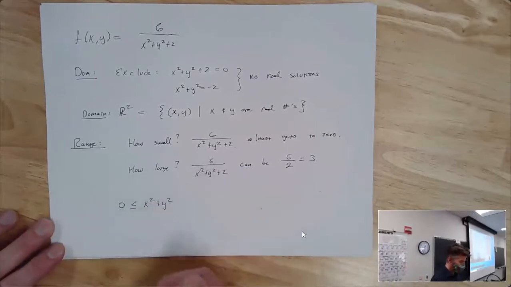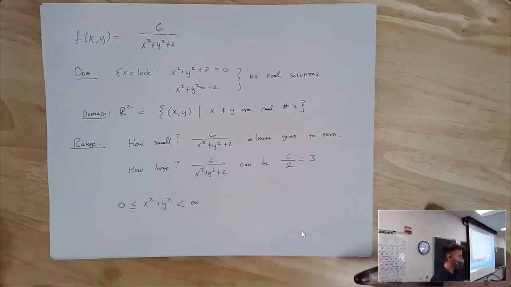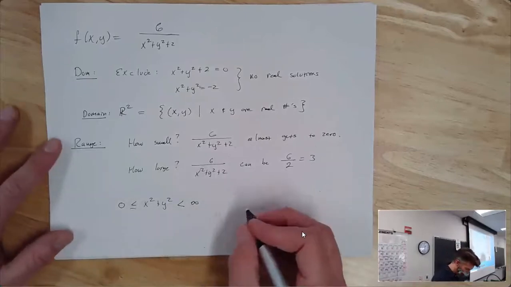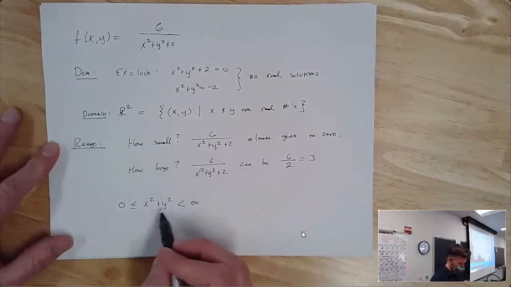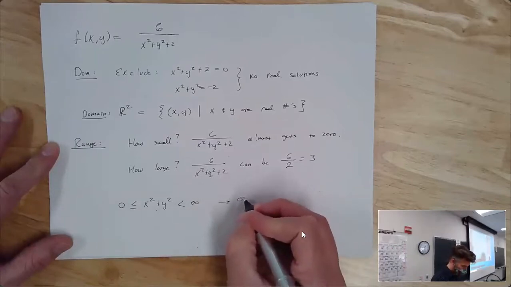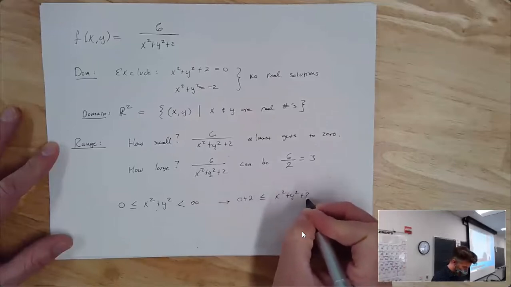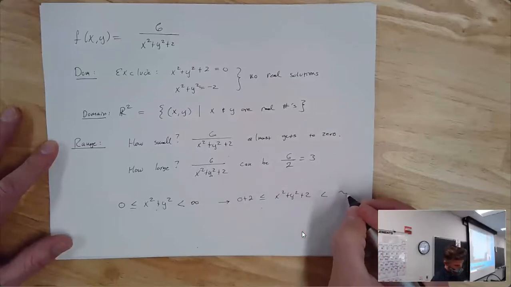And it can be as big as you like, but there's no upper bound for that. I'm going to add 2 to everything because I'm going to try to make this look like that. So 0 plus 2 is less than or equal to x squared plus y squared plus 2, which is less than infinity plus 2, still infinity.